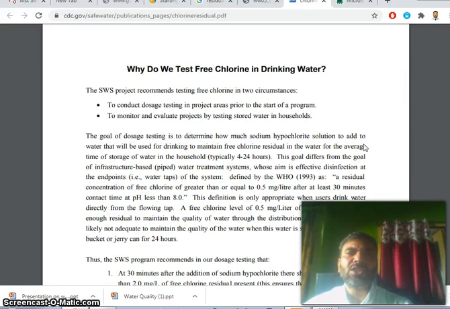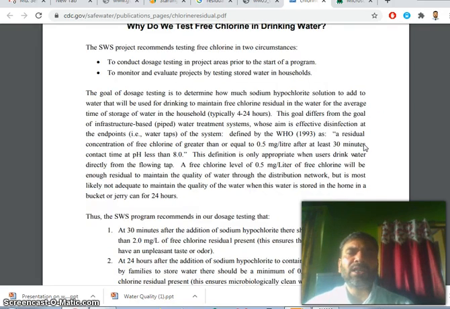So why do we test free chlorine in drinking water? The project recommends testing free chlorine in two circumstances: to conduct dosage testing in the project area prior to the start of programs, and to monitor and evaluate projects by testing stored water in households.